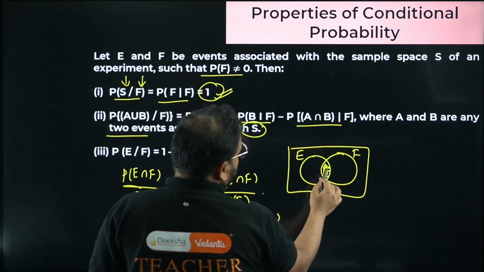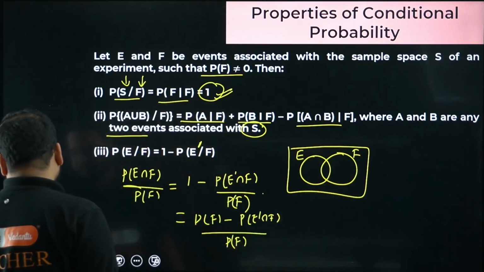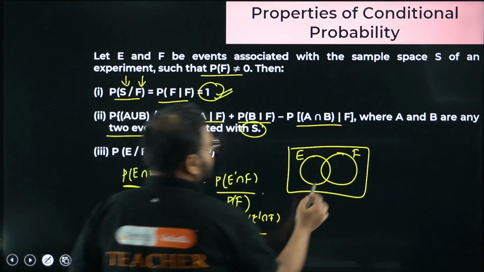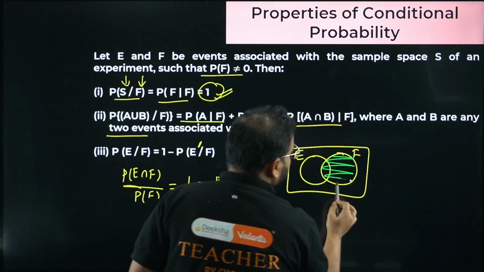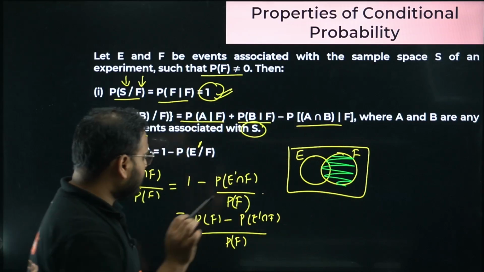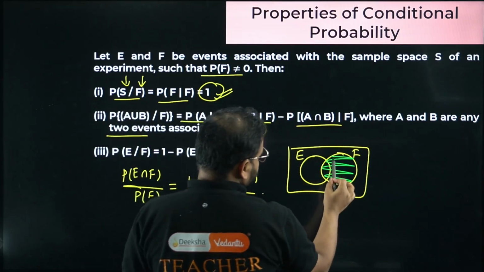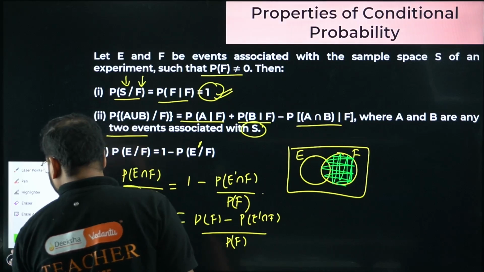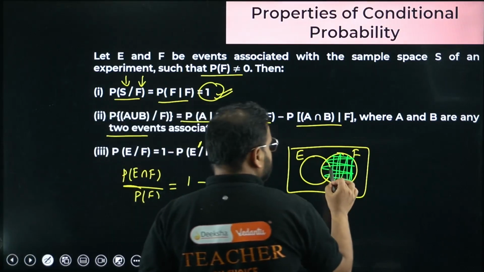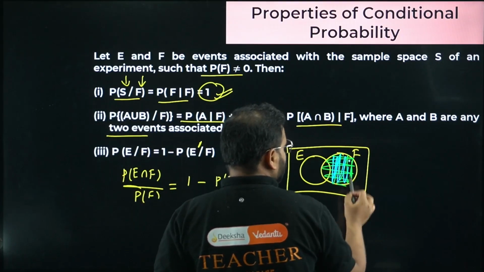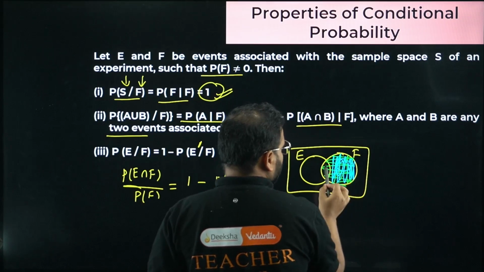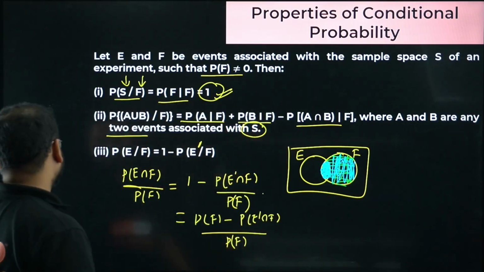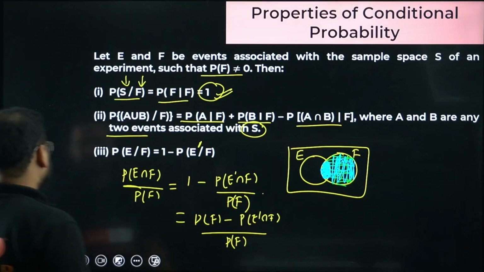From the total F, if you remove this whole thing, or I can show this again like this, from this part, if you remove this part, what is left now? Only this part is left. I think it looks very similar, but okay, we understand, right?